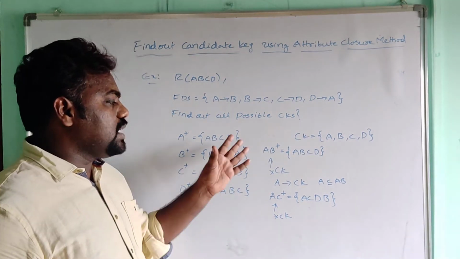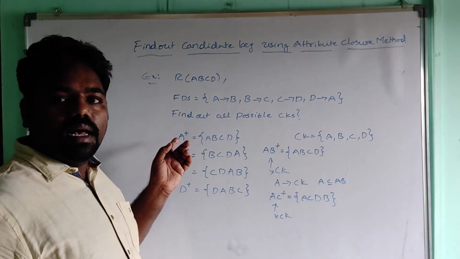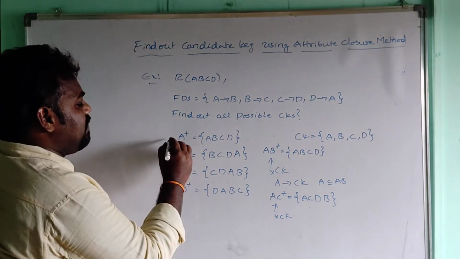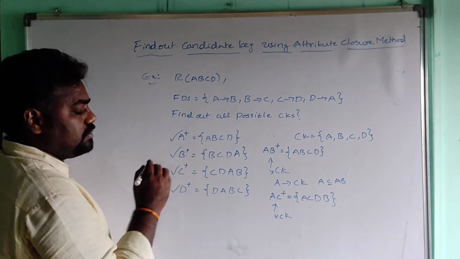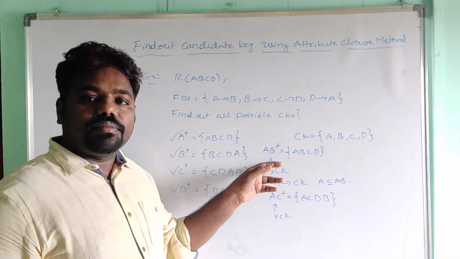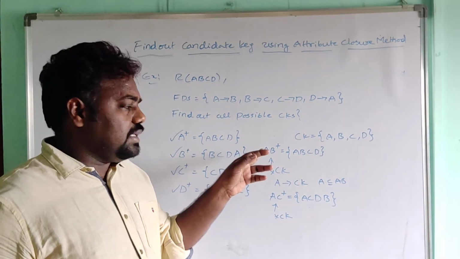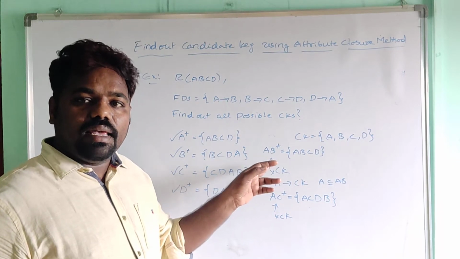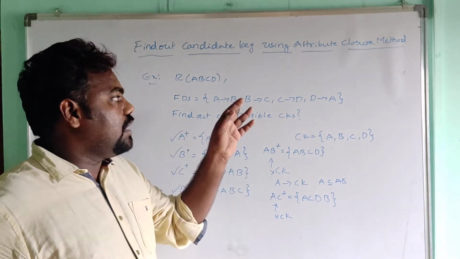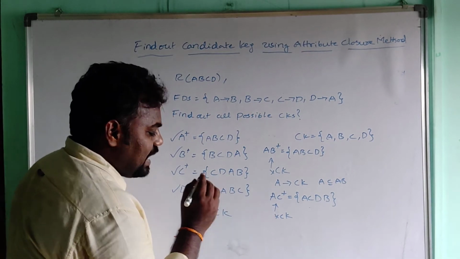Here, by observing this example, if a key contains a single attribute, that is always a candidate key. But if the key contains more than one element, and no proper subset of that key can determine all the elements of the relation, then only we can say that it is a candidate key.